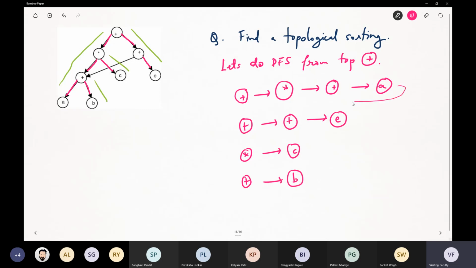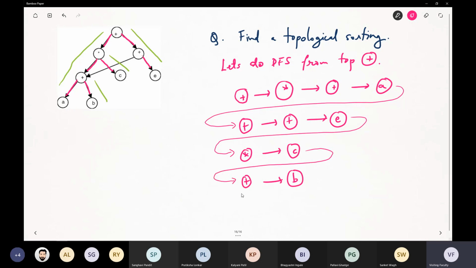You just connect them and that's enough. You identify the paths in the DFS that you have, write them down in a row, and then the end of one you connect to the beginning of the other. That will be your topological sort.